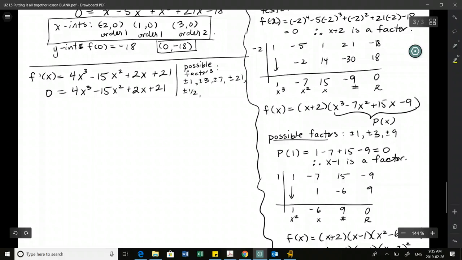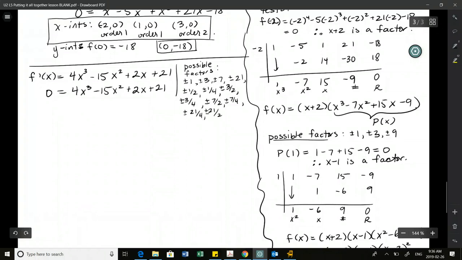So 1 over 2, 1 over 4, 3 over 2, 3 over 4, 7 over 2, 7 over 4. Okay, circle the largest number: 21 over 4, and 21 over 2.